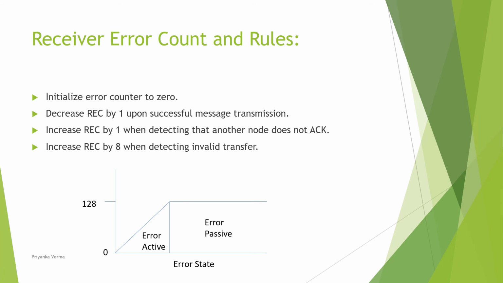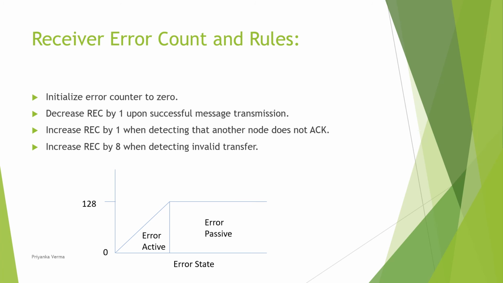And then if there is an error, for example, say there is another node which does not acknowledge, then this counter is increased by 1. And if there was a successful message transmission, then it is decreased by 1.